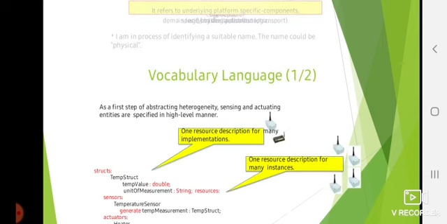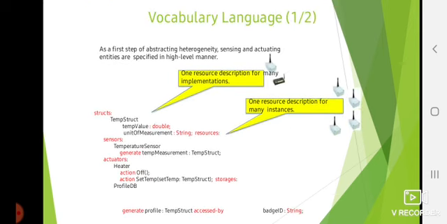Next, we have to see the vocabulary language. The vocabulary language is used for sensors and actuators. As a first step of abstracting heterogeneity, sensing and actuating entities are specified in a high level manner. Here we have two classifications: one resource description for many implementations and one resource description for many instances.